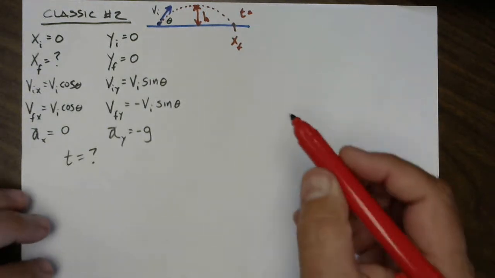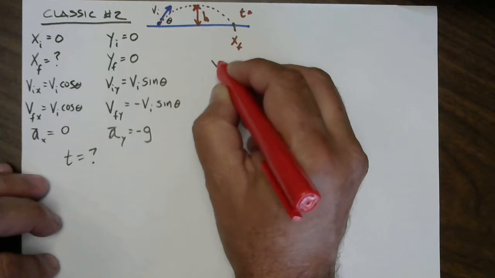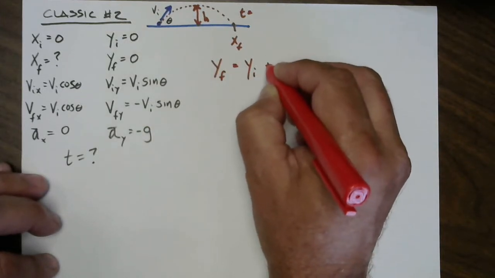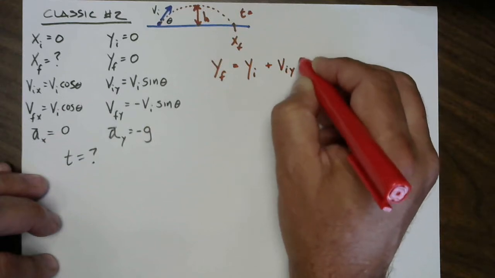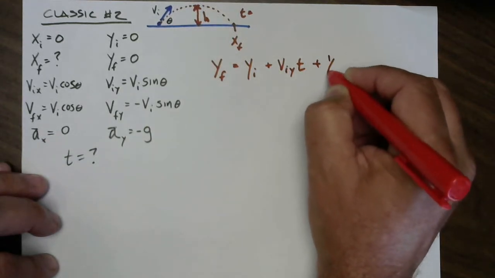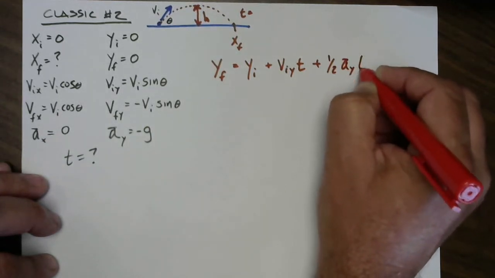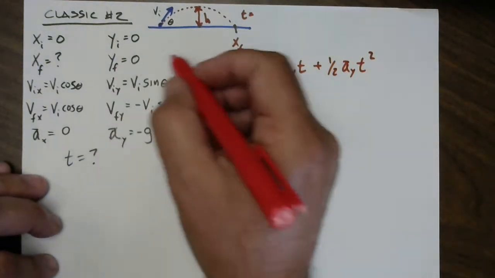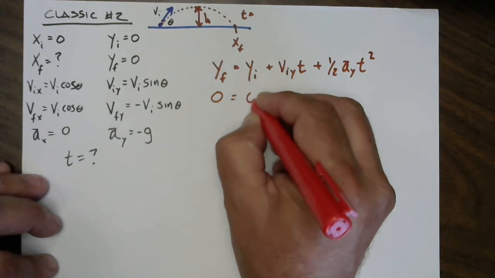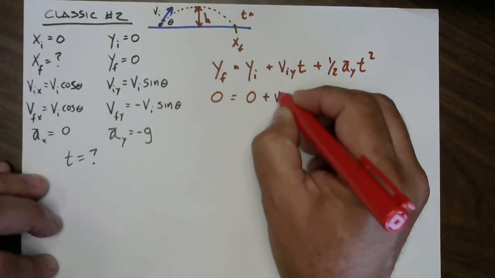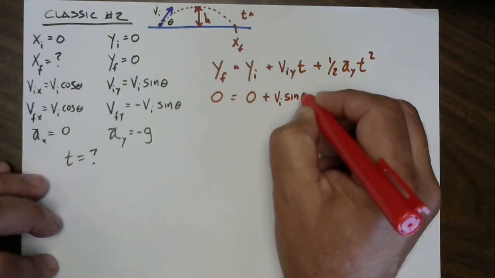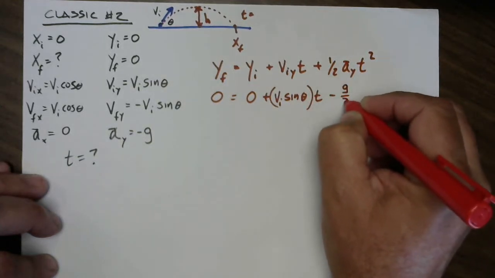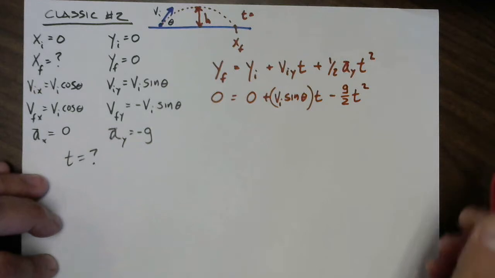So the very first thing we did is we solved the y Swiss Army equation, and from that we got the time. So here's the y Swiss Army equation. And we'll put in the symbols 0 and 0 plus vi sine theta times t minus g over 2 times t squared.